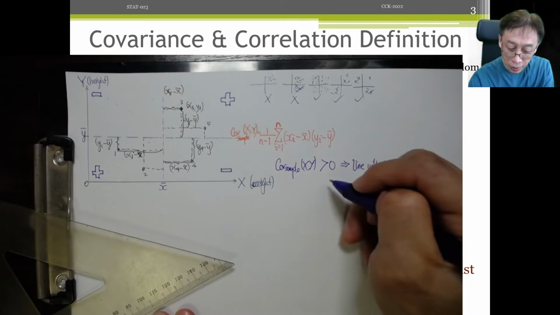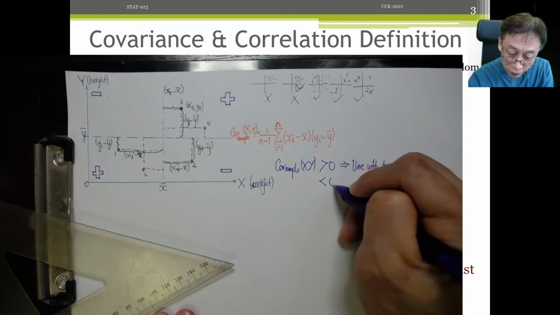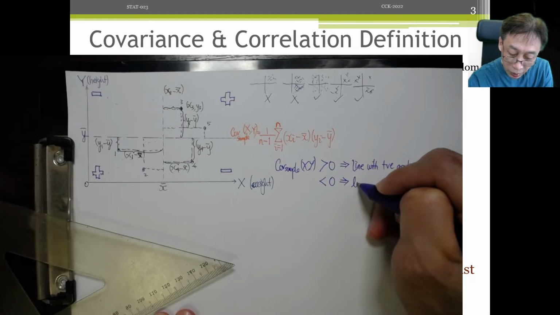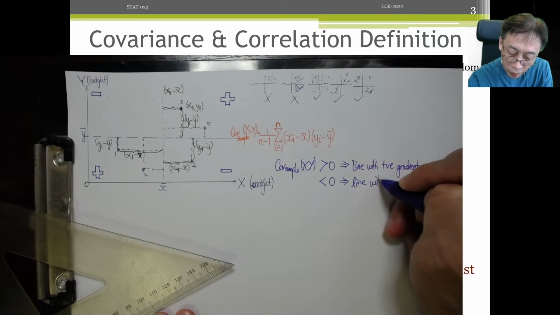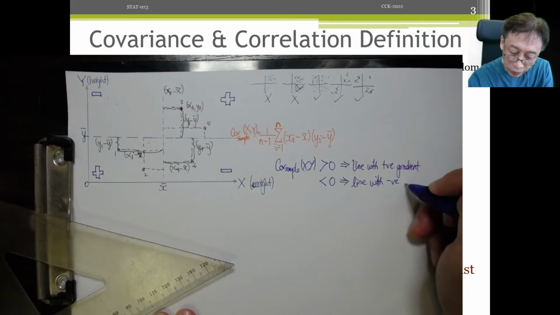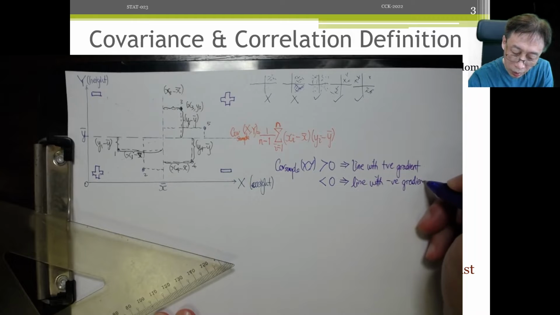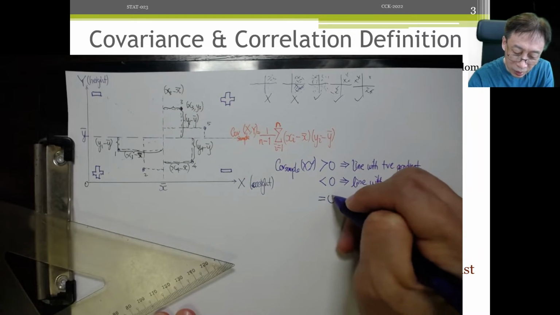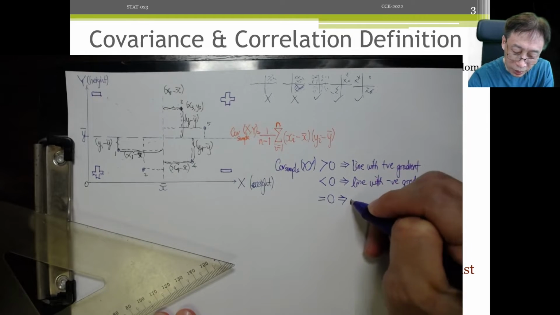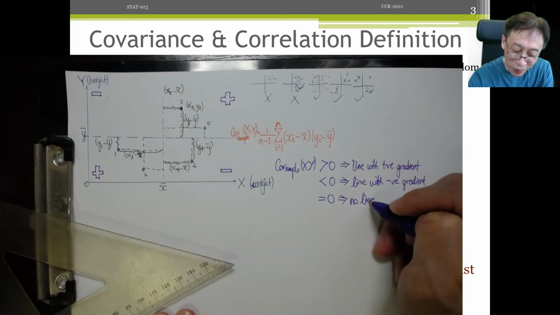And if it is negative, then we get a line with negative gradient. And if we have exactly 0, then it implies that there is no line being perceived.